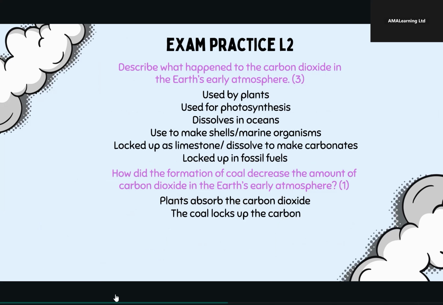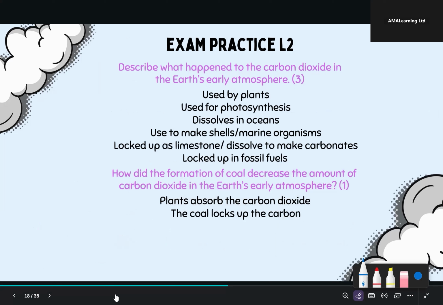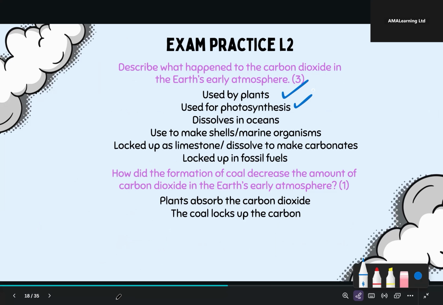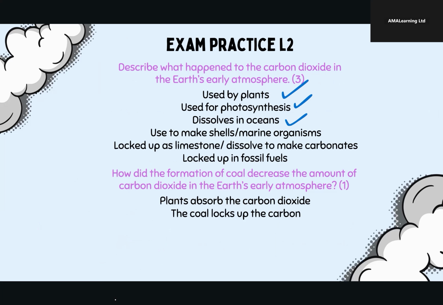So describe what happened to the carbon dioxide in the Earth's early atmosphere. So the carbon dioxide in the Earth's early atmosphere was used by plants for photosynthesis. It dissolved in oceans. And now, organisms that live in the water, for example, animals that have got shells, a lot of those animals are able to take in the carbon dioxide that's in the water and convert it into their shells.